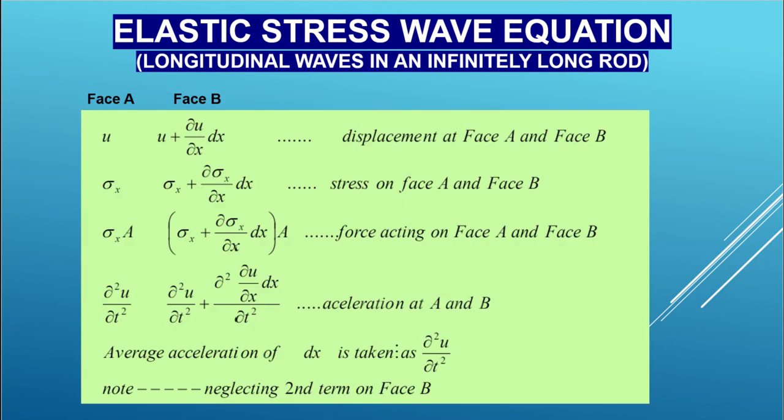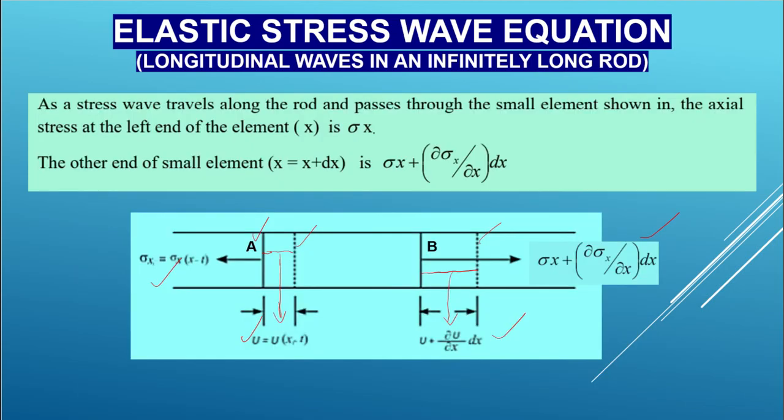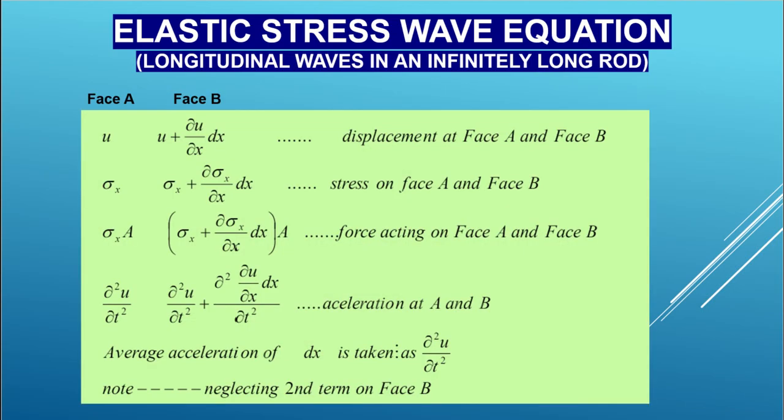So if we take face A and face B, face A was displaced by u, whereas face B was displaced by u plus dou u by dou x into dx. Similarly, stress at face A was sigma x, whereas stress at face B is sigma x plus dou sigma x by dou x into dx.